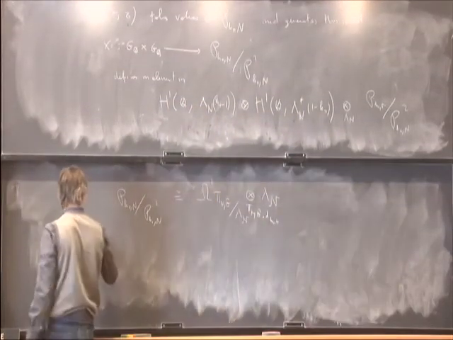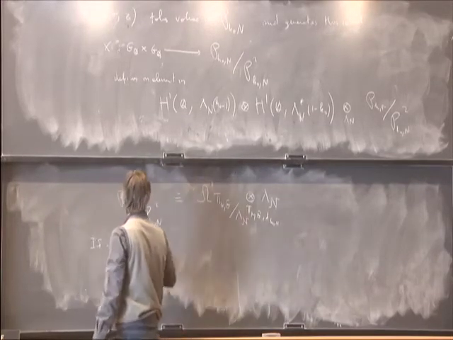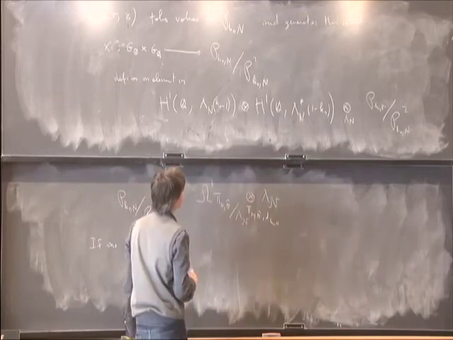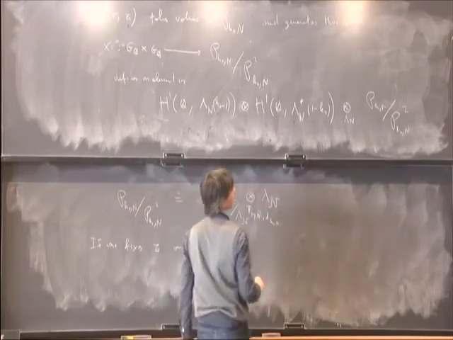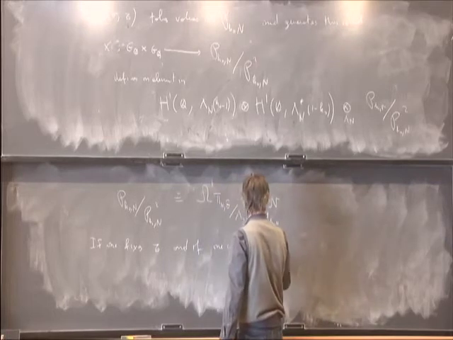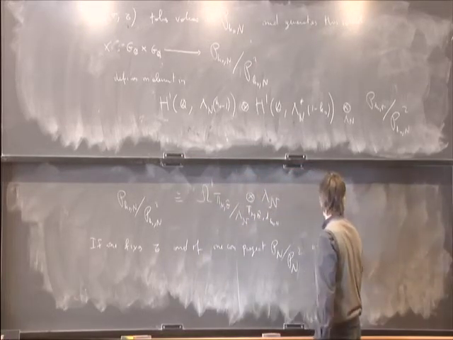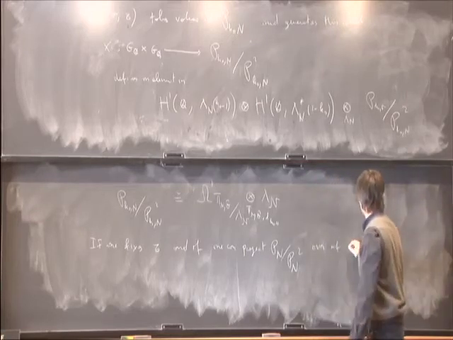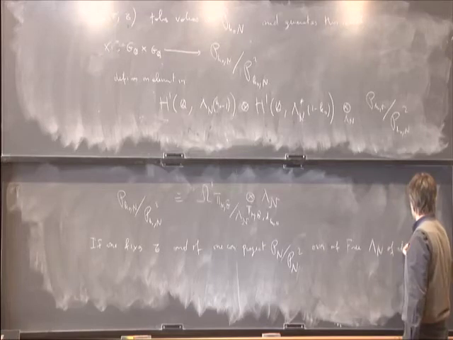So if one fixes tau, and if one can project P_n over P_n square over a lambda module of rank 1.